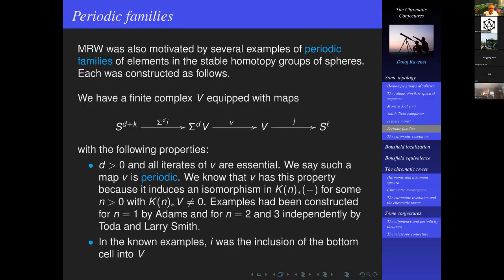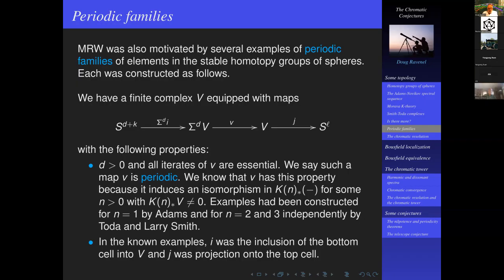So in the known examples, the map i on the left is the inclusion of the bottom cell, that number little k was 0, and the number little l is the dimension of the top cell in that spectrum big V, which is a known quantity. And j was the map of projection onto the top cell.